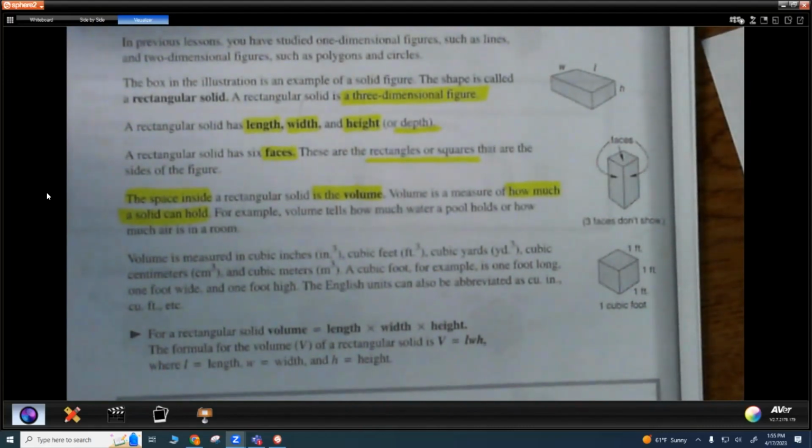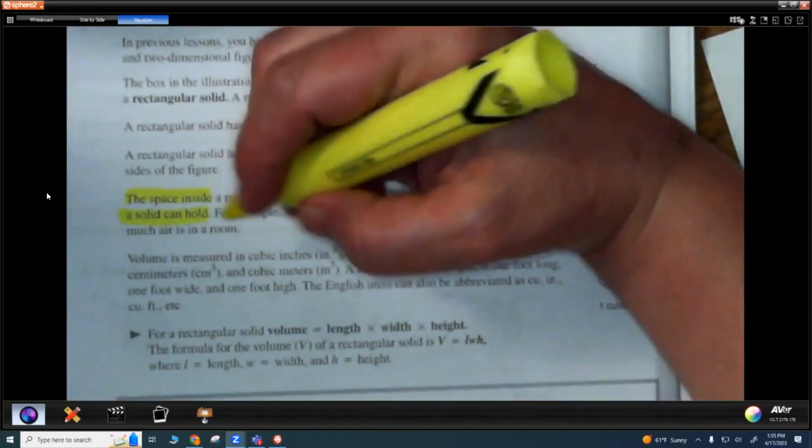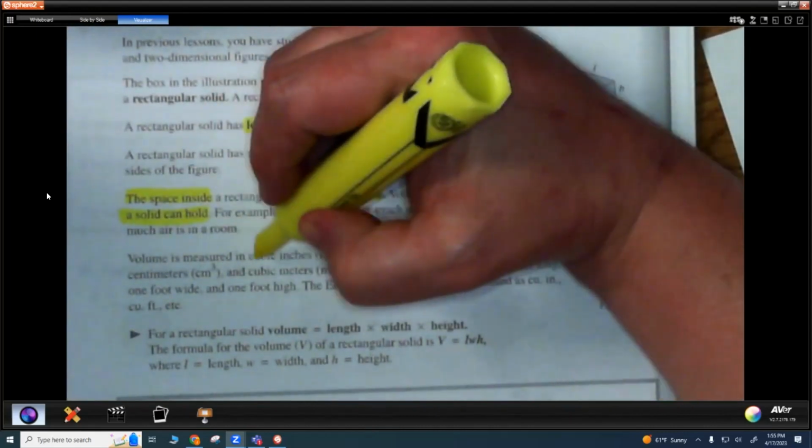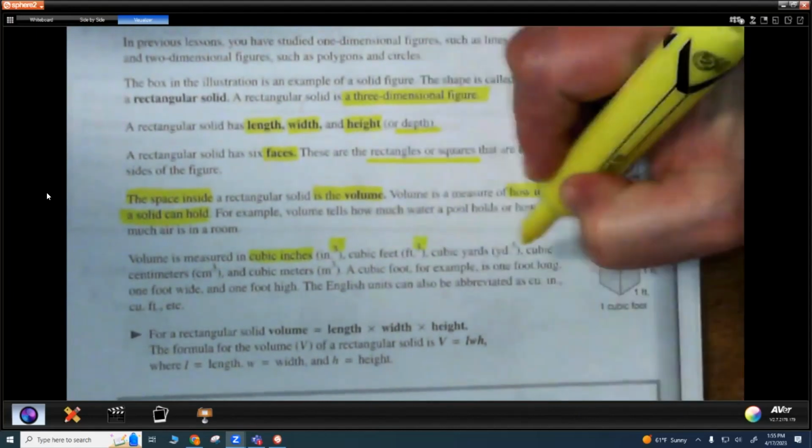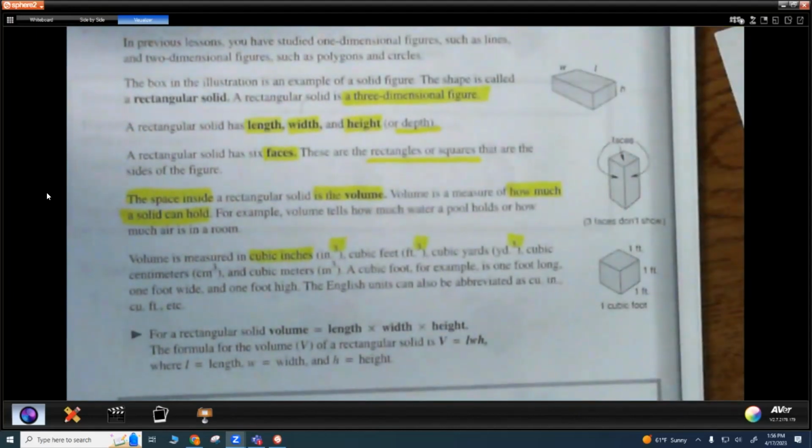But it really is probably the most common three-dimensional shape. Because of that, we measure volume in cubic units, just like area is in square units. Now that we're on 3D, we're on cubes.